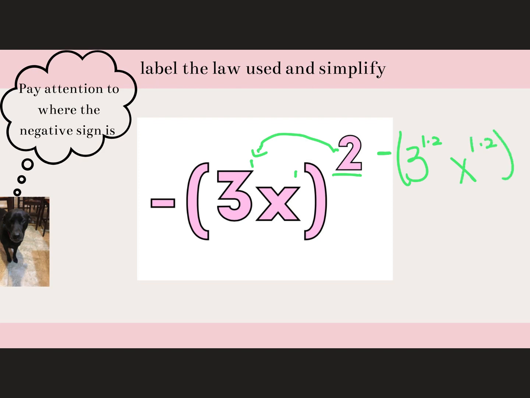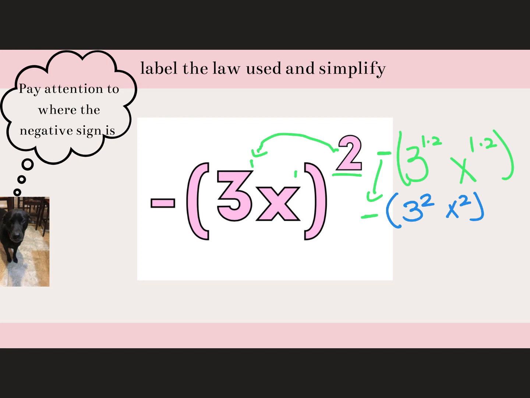And let's simplify both of those. So I'm left with 3 squared, x squared, okay? Still, for my sake, I just want to leave those in the parentheses just so I can keep it straight, bringing that negative down. Do not leave your answer in this way. Still has more to simplify.